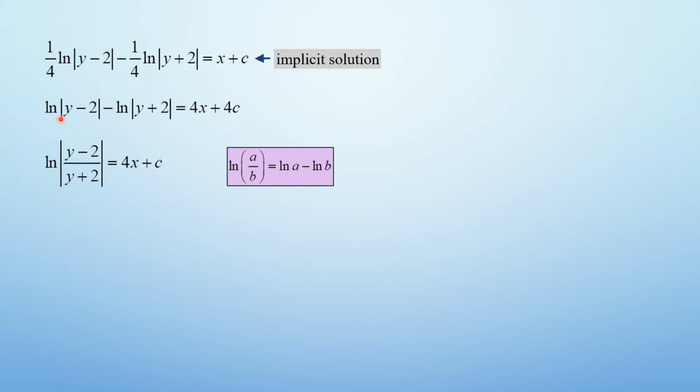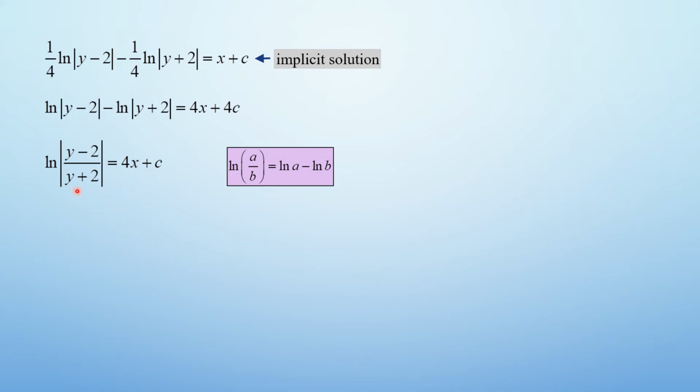Therefore, ln of absolute y minus 2 minus ln of absolute y plus 2 is the same as ln of the absolute value of y minus 2 divided by y plus 2, equals 4x plus, now 4 is a constant, multiplied by a constant gives us a new constant, so we are going to label the new constant as just c. Okay, so on the right side we get 4x plus c.